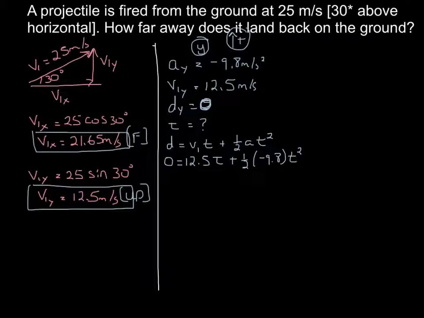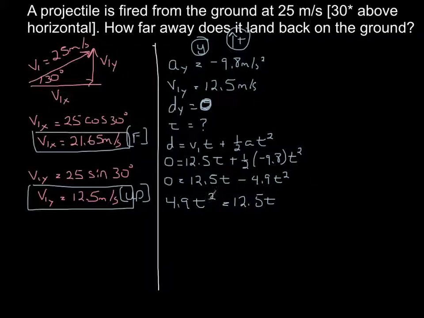We can clean this up a little bit. 12.5 t, no change there, but half of 9.8, we can say that's minus 4.9 t squared. We can take that minus 4.9 t squared over to the other side, in which case it becomes positive. So that's going to be 4.9 t squared equals 12.5 t.